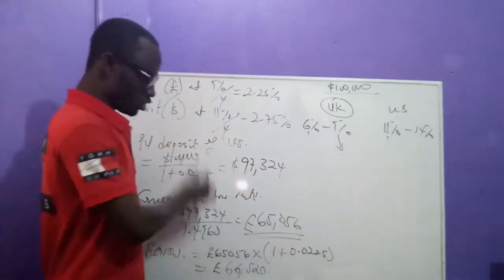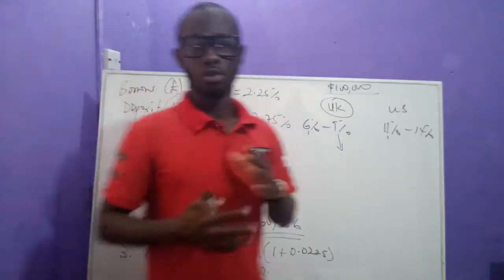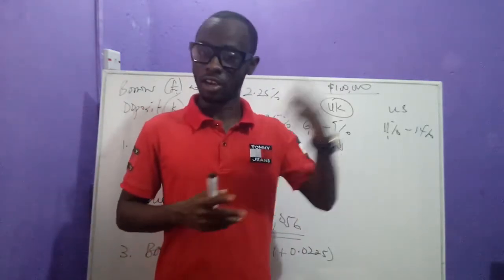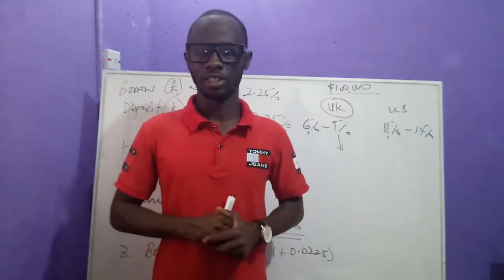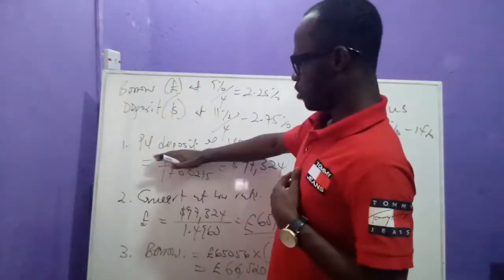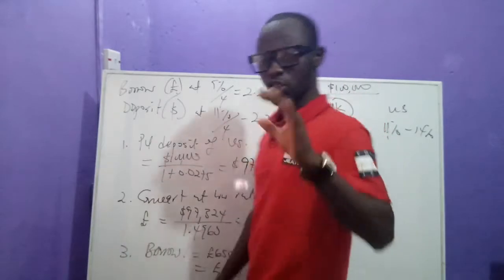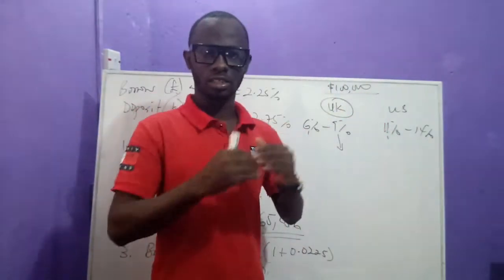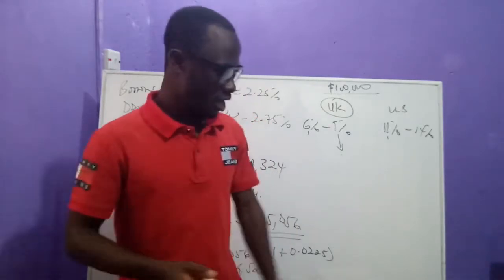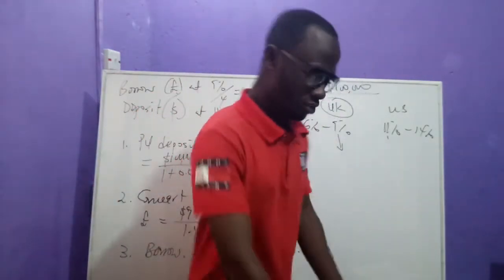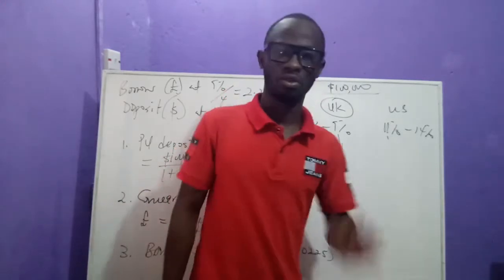So that is what you have to understand on how we protect ourselves, or hedge ourselves, against the negative movement in the currency using money market hedge. So remember, follow the steps very well. Make sure you practice this over and over again and understand how the techniques work, because the examiner is going to ask you, and if he asks you, you should be able to answer the question.